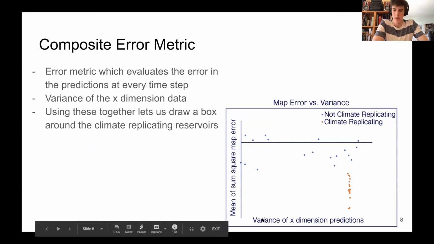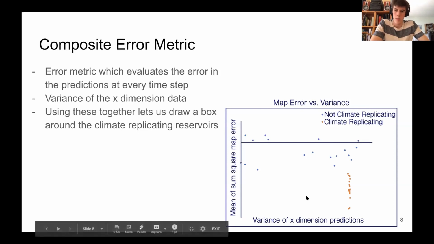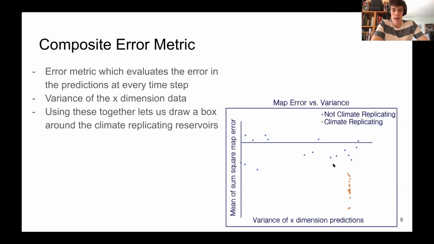On the X, we have the variance of the X dimension predictions. And then on the Y, we have this single-step error metric. So each of these points represents a prediction series that I looked at. And then I visually just determined, is this a good climate replication case or a bad climate replication case?